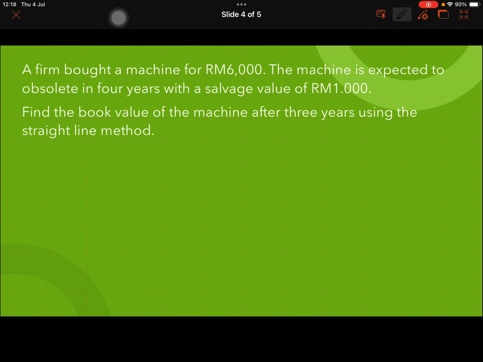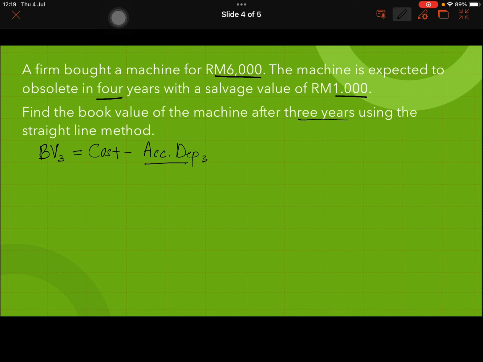We have the cost, salvage value and useful life, three pieces of information given. The book value at the end of 3 years is the cost minus accumulated depreciation at the end of year 3. In order to get accumulated depreciation, obviously we need to compute our annual depreciation first.